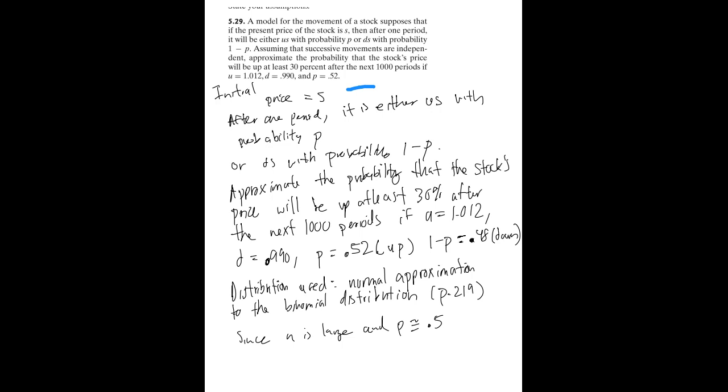And so basically this is a binomial distribution because p is around 0.5 and n is large.